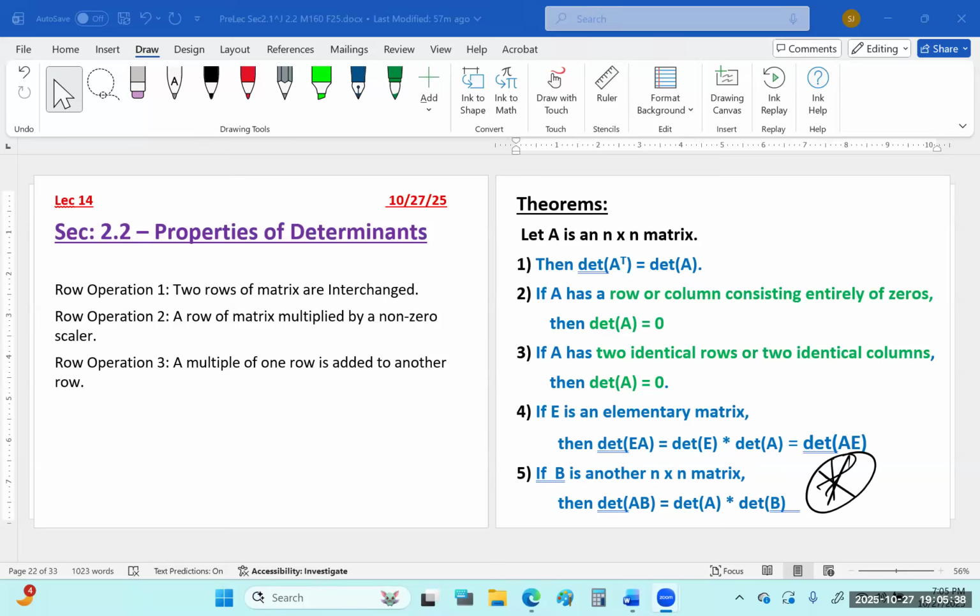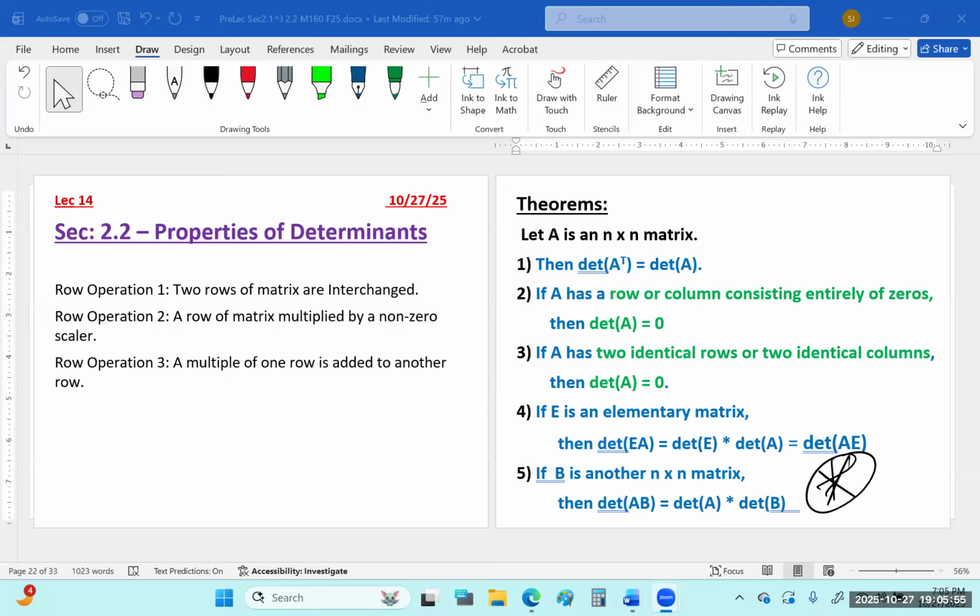Now the new information is that determinant of the transpose matrix is same as determinant of the original matrix. And then we have multiplication.